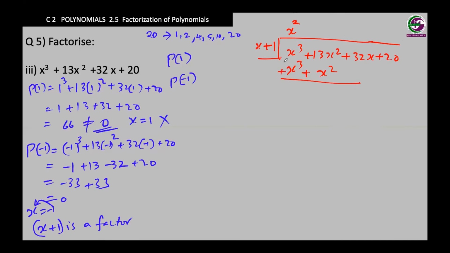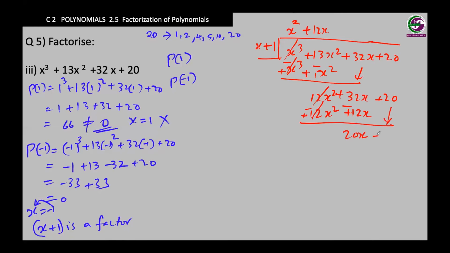Now we change the sign. 13x squared minus 1x squared is 12x squared plus 32x plus 20. 12x squared divided by x will give you 12x. 12x squared plus 12x, because 1 times 12 is 12. Change the sign. 32 minus 12 is 20x and 20. 20x divided by x is 20. So we have 20x plus 20. Change the sign, so you get the remainder 0, which means this is the quotient.